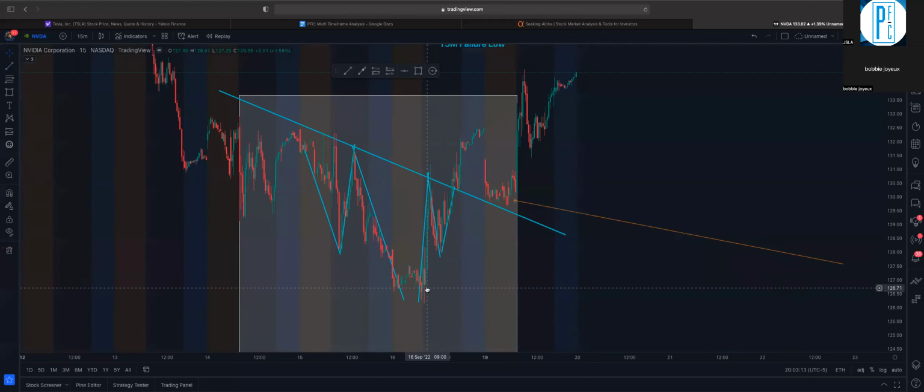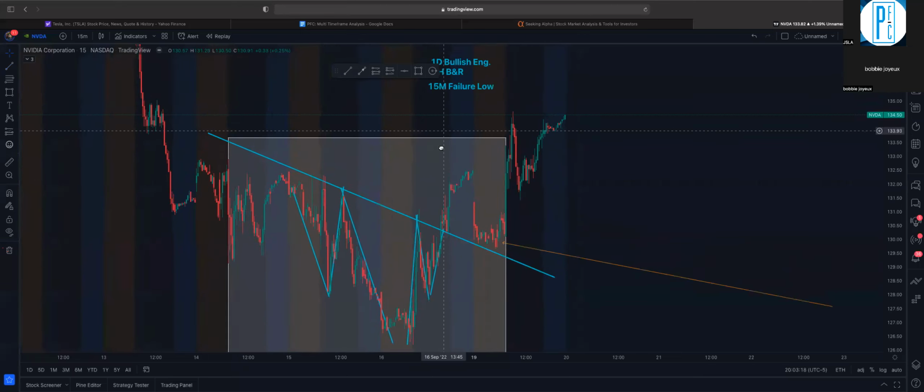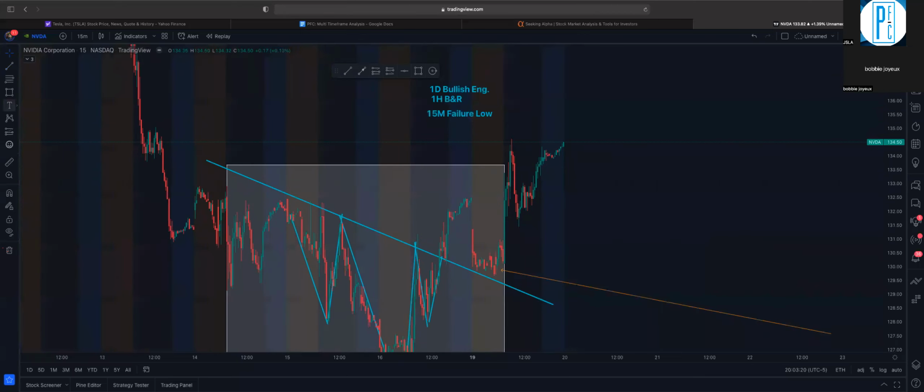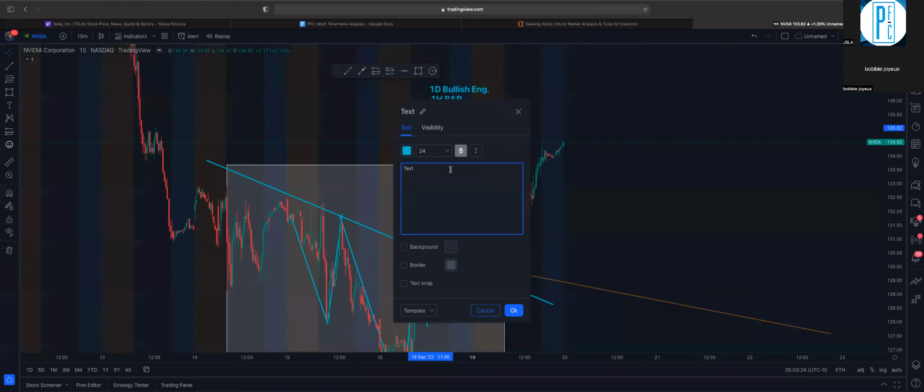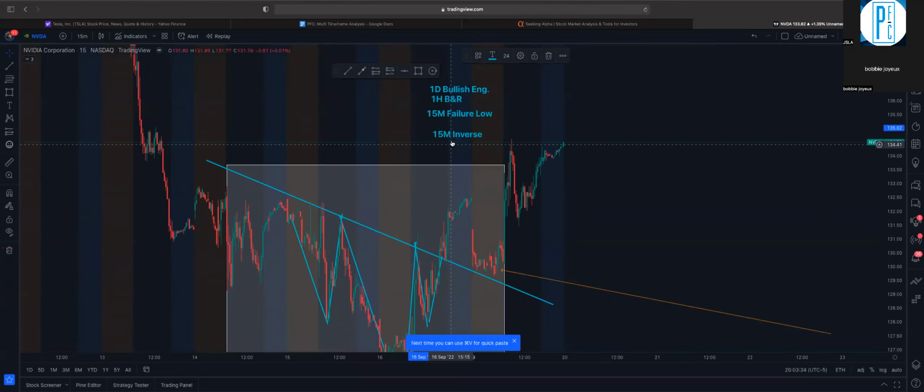So then we have an inverse head and shoulders. That's all trading is. It's just finding more context to support your reasoning for entering the trade, right? So we have a 15-minute inverse. Do y'all see the inverse, or am I tripping? Y'all see it?